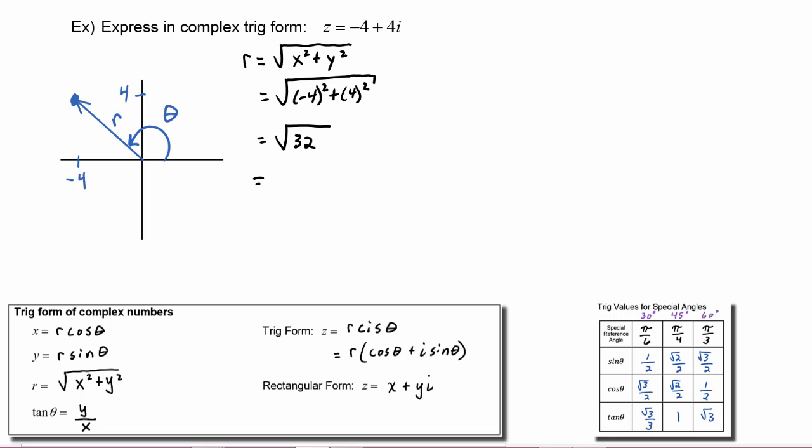We know that 32 has a perfect square of 16 in it, and the irreducible part is 2. So r is equal to 4 radical 2.